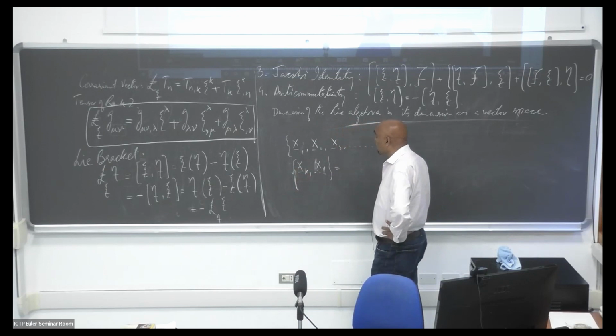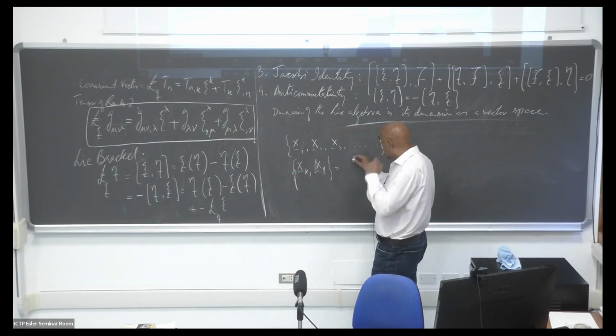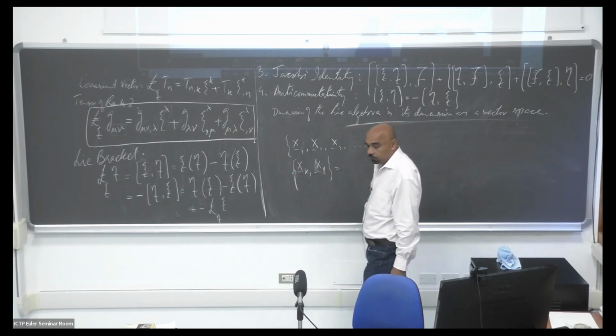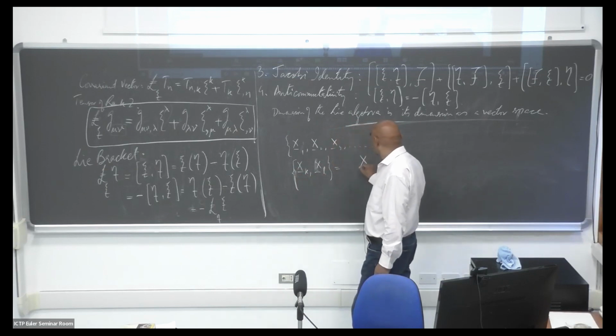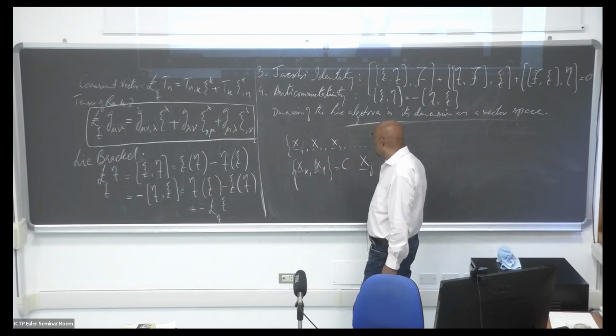So whenever we take two vectors and apply the Lie bracket on them, we'll get some vector from the same set multiplied by some constant, and these constants with three indices are called structure constants.